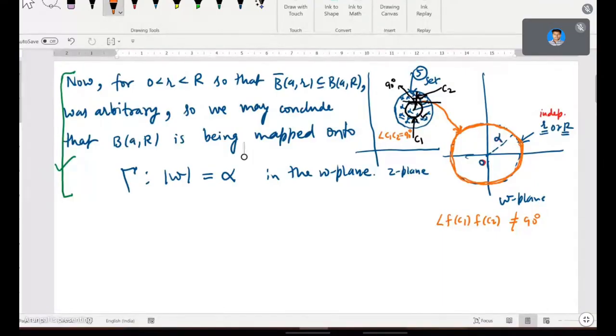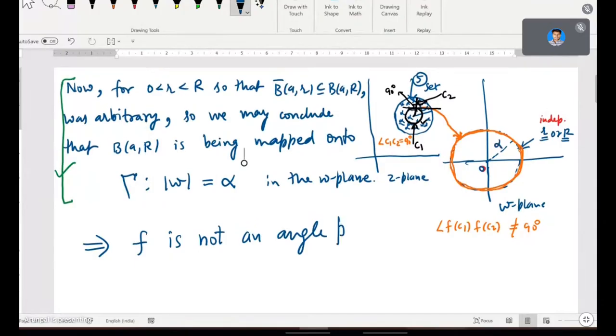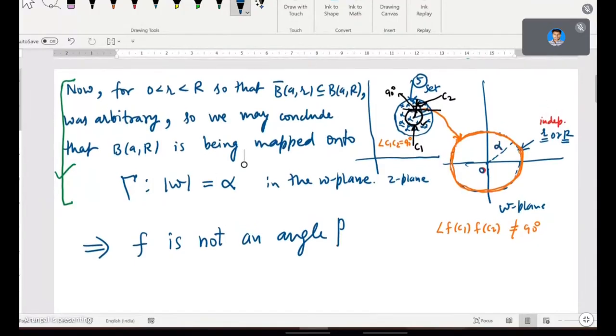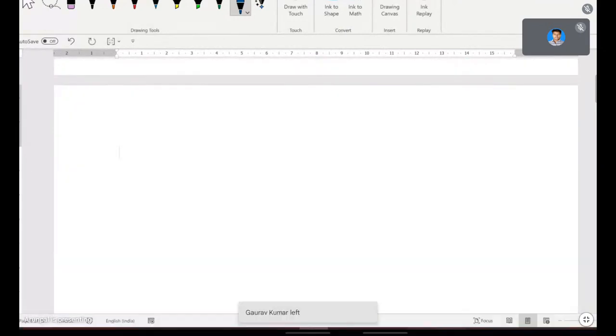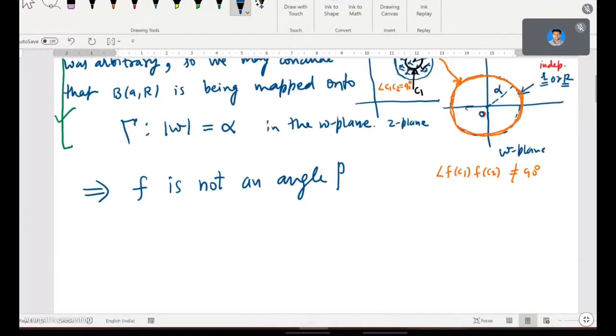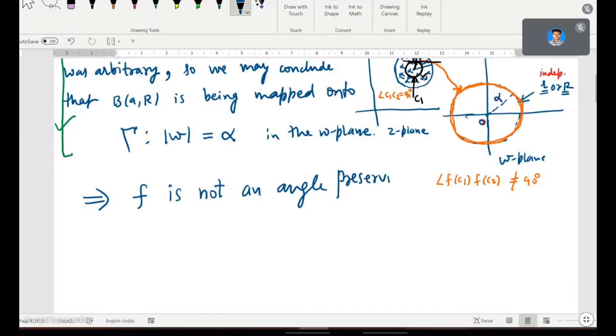So class, what does it mean? This implies that f is not an angle preserving map from B-bar onto this circle.